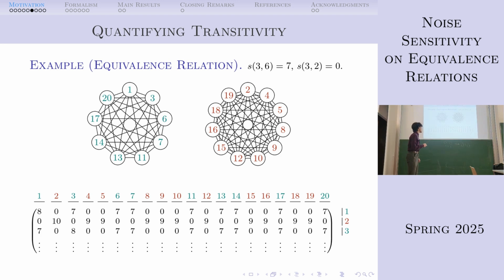They're also initialized with 7 because, for example, if you choose this vertex and that vertex, then you have 7 other vertices that attest to the relation between these two vertices. And so this is the setup.